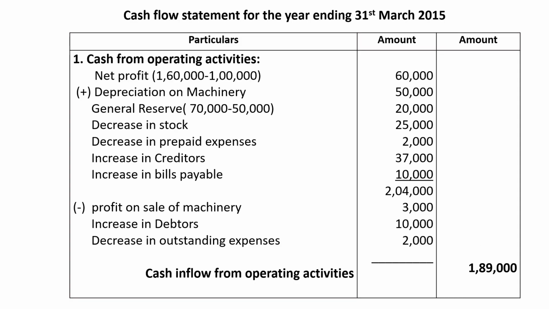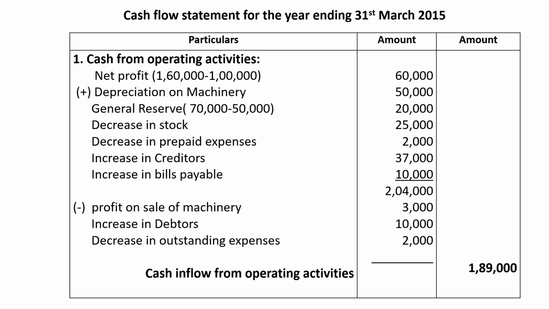See the cash flow statement for the year ended 31st March 2017. Cash flow from operating activities. Net profit 60,000. To this add non-operating expenses and adjustments in current assets and current liabilities.